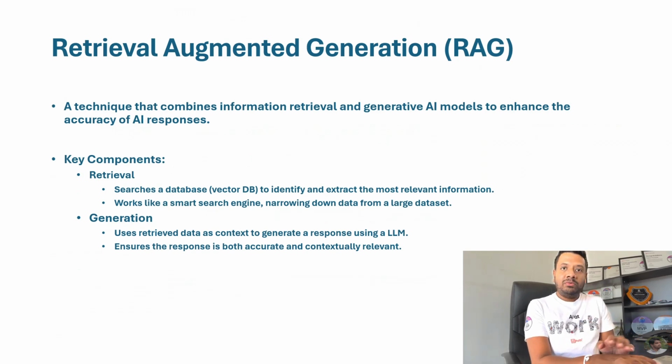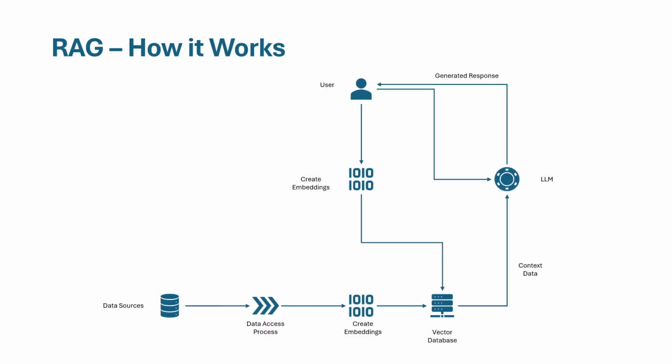So let me try to explain this in a diagram. In this diagram, this explains how RAG works. But before going through each and every part of this, let me take a highlighter here.